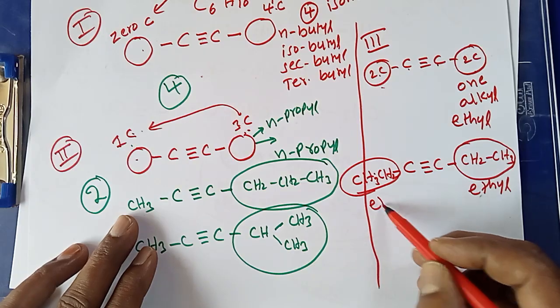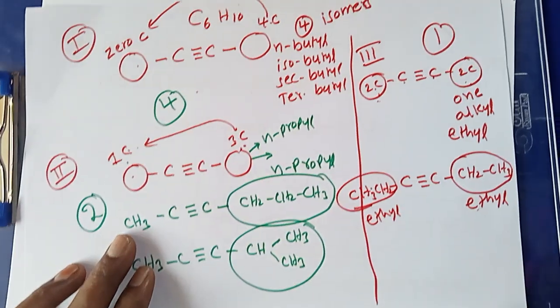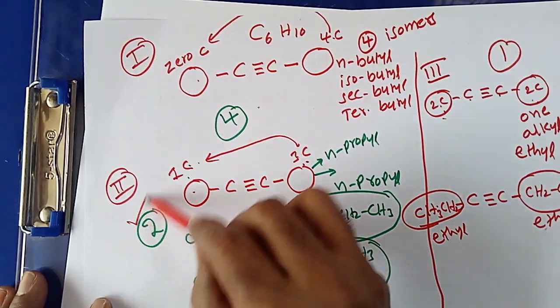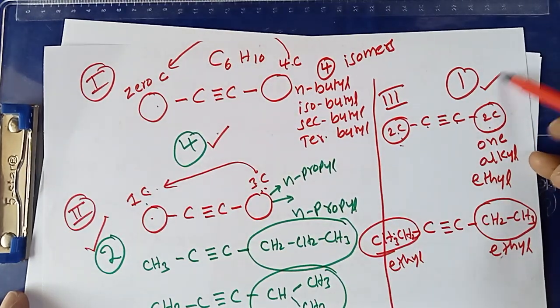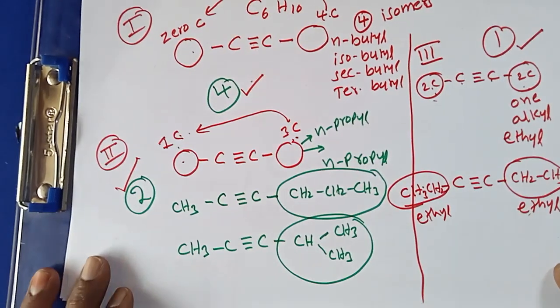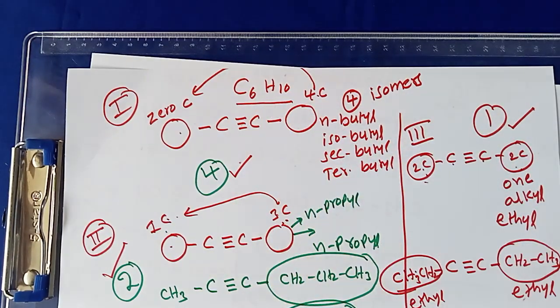Only one ethyl is there. That's why for this 2 and 2 combination only one alkyne. So here how many alkynes? 2. Here how many? 4, 6. Plus here how many? 1, 7. That's why total how many isomers are possible for this one? Total 7 isomers possible. So this is the way how to find the C6H10 isomers.